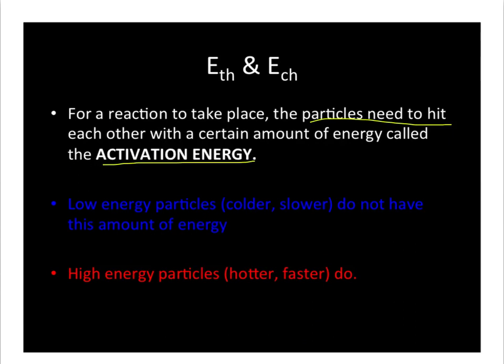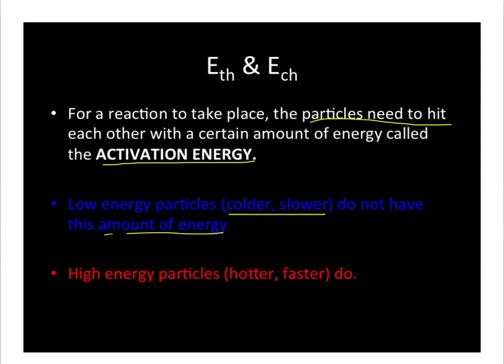When we have a very slow, cold-moving particle, there's not a lot of energy there. And we already know this. We've already talked about this before, that these low-energy particles tend to be slower. They measure colder when we use thermometers. There's not a lot of energy there.